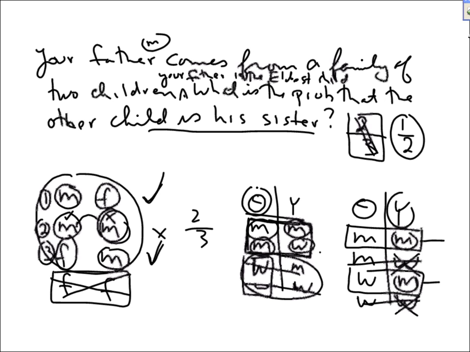If the youngest is a man, one time the other child is a man, and the other time the other child is a woman. It's 1/2. So it doesn't matter. If you told me the youngest of my 2 kids is a boy, what's the probability the other one's a girl?